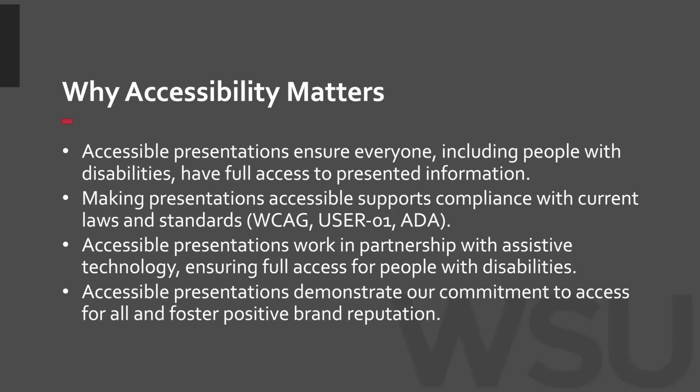Accessible presentations work in partnership with assistive technology, ensuring full access for people with disabilities. And accessible presentations demonstrate our commitment as a college and as a university to access for all, and it fosters a positive brand reputation.